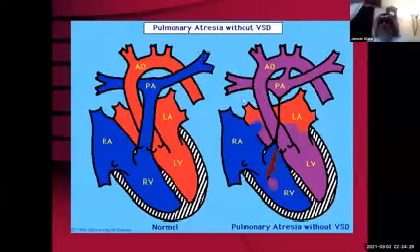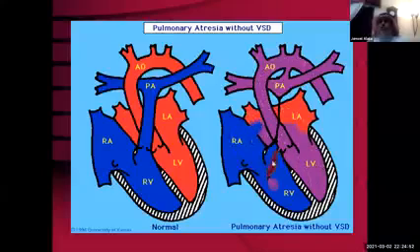Pulmonary atresia without a VSD, obviously these patients are dependent totally, again, on the ASD for their cardiac output. If the ASD is not good, they will have cardiogenic shock. They may have a low cardiac output state.